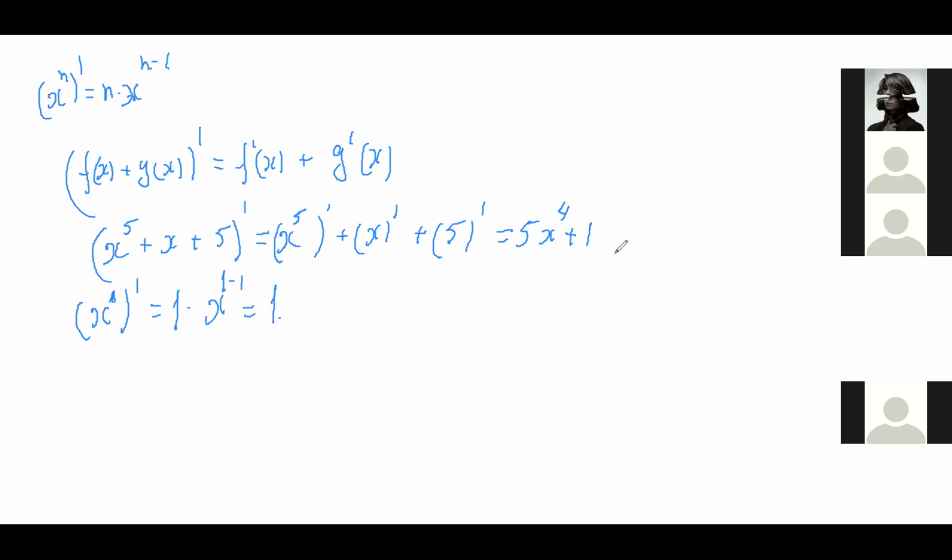Oh, so it's 0. Then the lady became angry. Then this boy explained that the derivative of my love to you is 0 because it's constant. So remember, the derivative of any constant function is 0. So finally we have 5 times x to the power 4 plus 1.